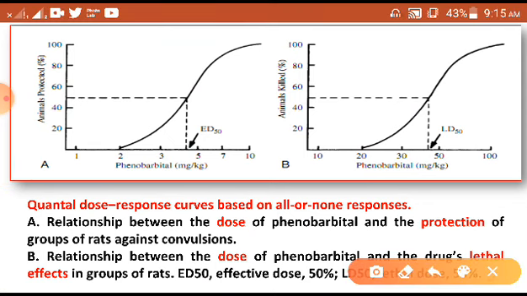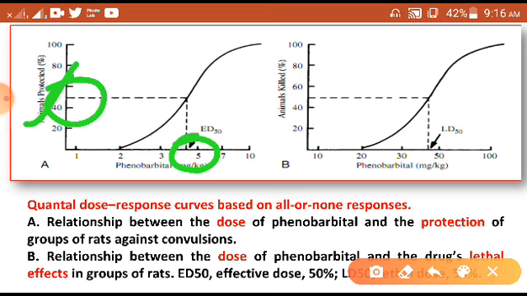Here if you see, at a dose of 4.5 mg per kg, 50% of the rats get relieved of the convulsions, right? So this is a predefined response you wanted to check. In the second graph, what have you decided?